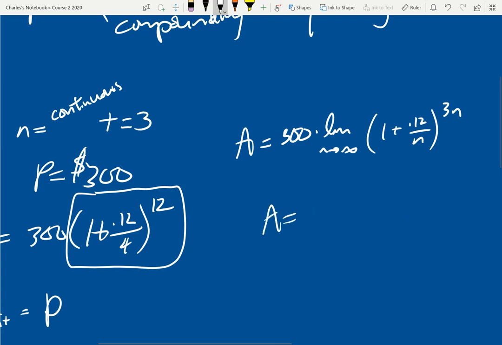Anyways, the formula ends up becoming A is equal to P times e to the rt, which would be A is equal to 300 times e to the 0.12 times 3.